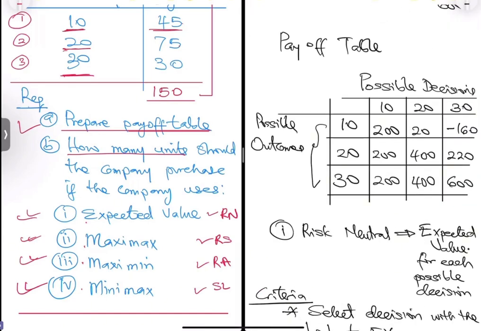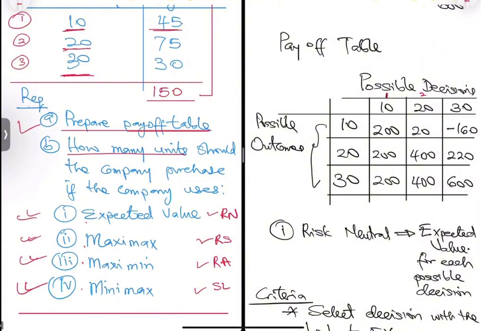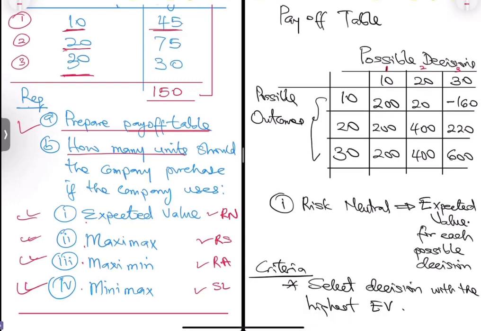We know that these are decisions 1, 2, 3. Those are the decisions we are uncertain about, right? So what is the expected value for decision 1?